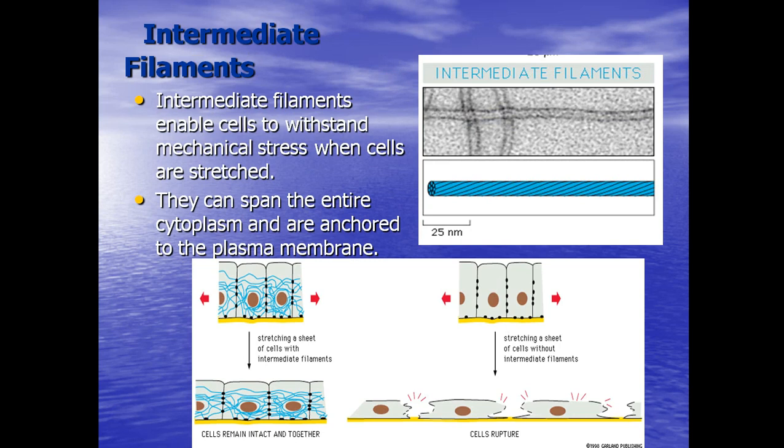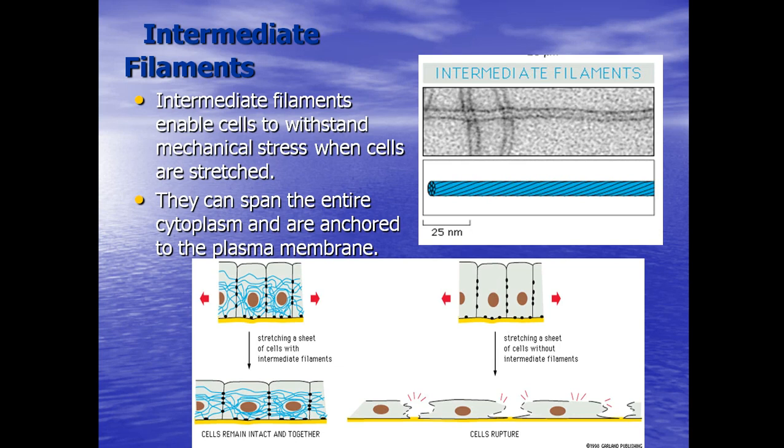Not only that, these intermediate filaments help the cell to withstand mechanical stress when the cells are stretched. Mechanical strength. So even if you press it like this, nothing happens to your cell. Once you leave it, it regains its original shape. Or even if you pull it, nothing happens, unless you pull it very forcefully.